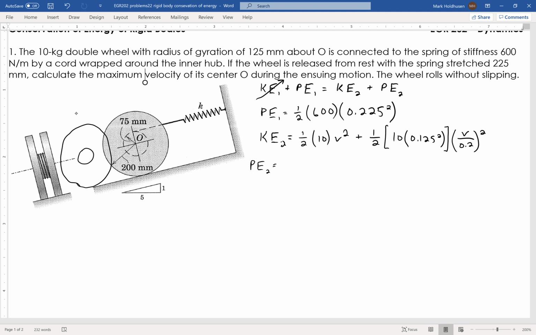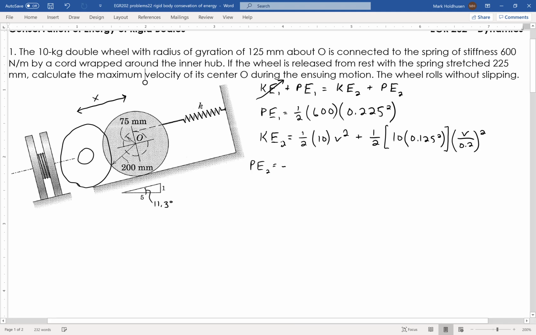I'll call this distance from here to here x. Inverse tangent gives me that the angle is 11.3 degrees. It goes below my datum, so gravity starts with a negative.